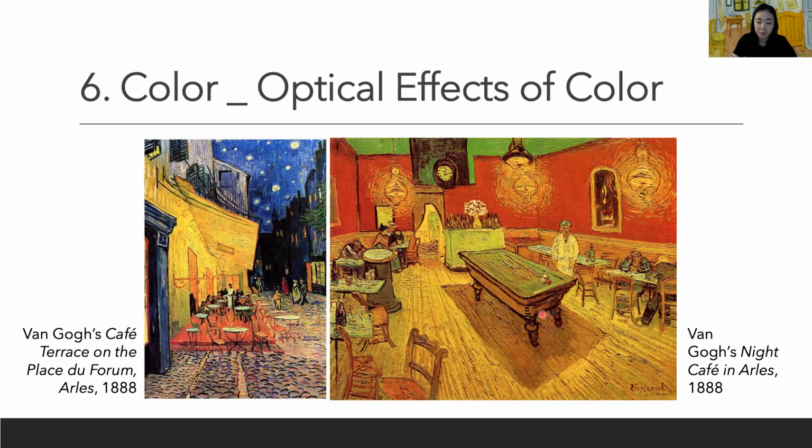And the rest of the parts are red and reddish brown color. So green and red are complementary colors to each other. So this painting is also using the same effect of color, the simultaneous contrast.